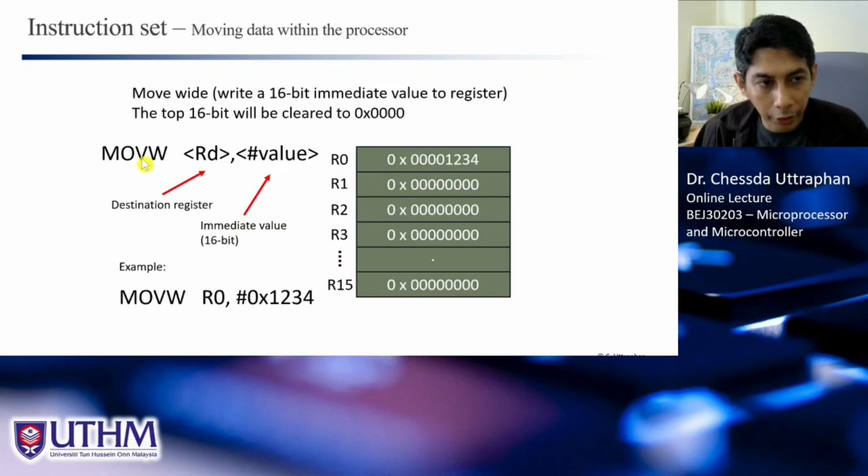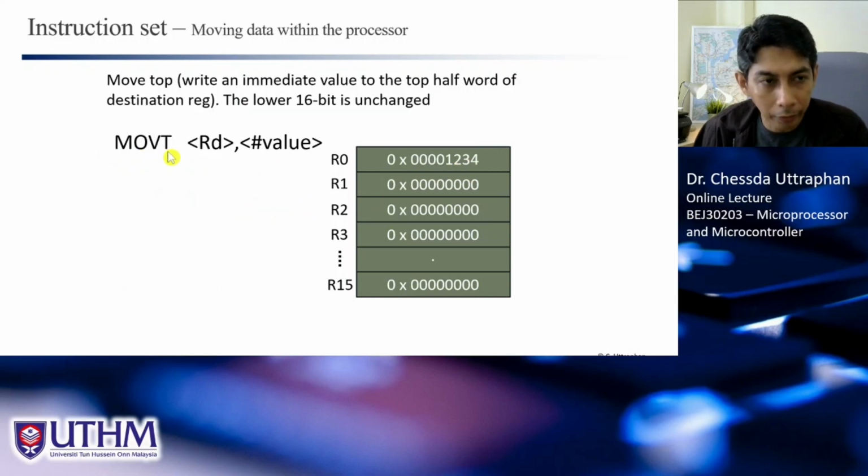So first we use MOVW, 16-bit, and another one we use MOVT, top, means that we move another 16-bit value into the top half word of the register. So move top means that you move a 16-bit value into the top half word of the register.